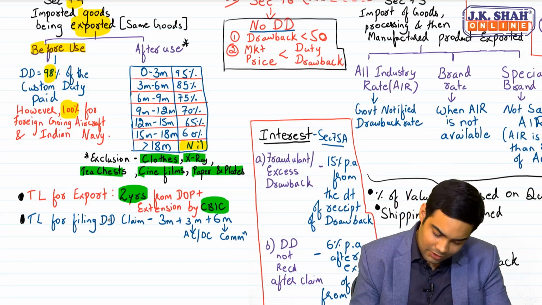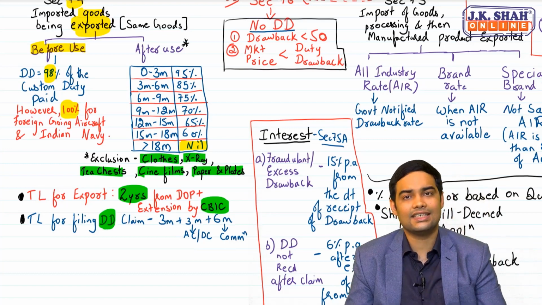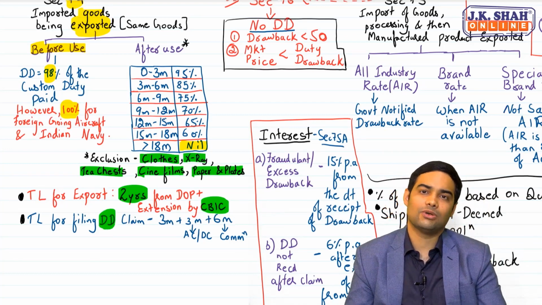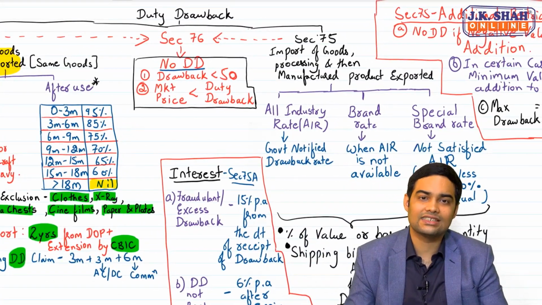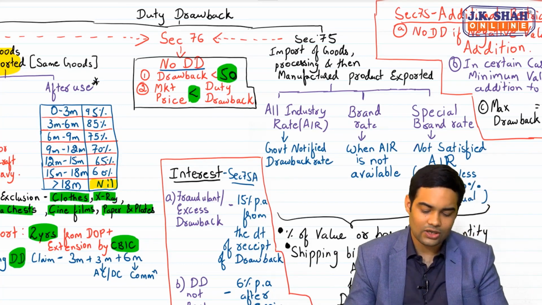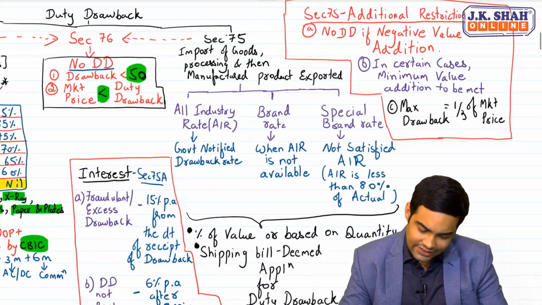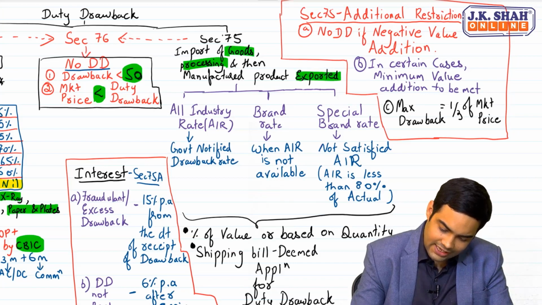What is the time limit for filing duty drawback claim? 3 months plus ACDC can extend it by another 3 months plus 6 months extension by commissioner. When we talk about section 76, 2 cases where drawback is not allowed: less than 50 rupees or market price is less than duty drawback. Section 75 implies import goods, processing and then manufactured product being exported.